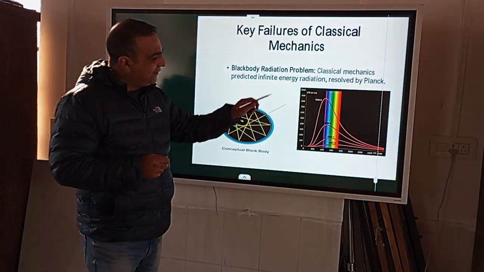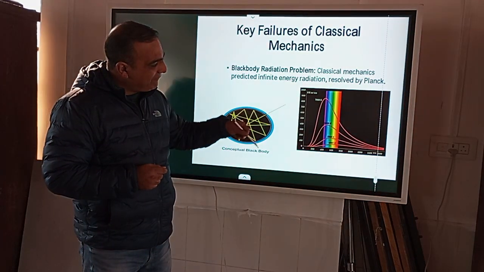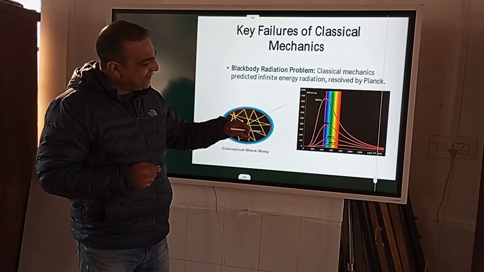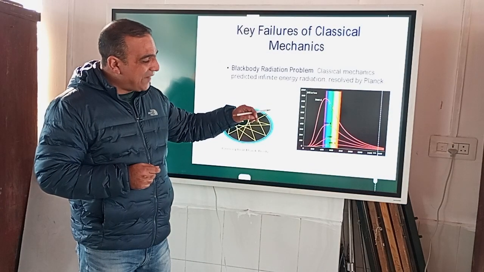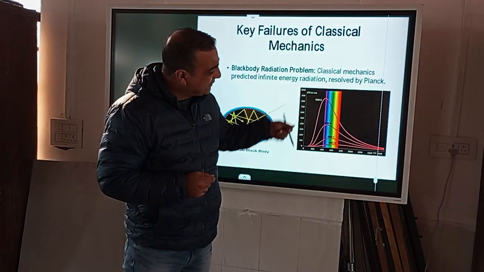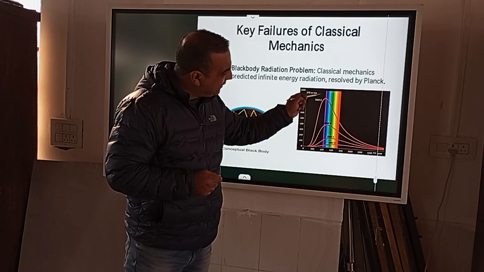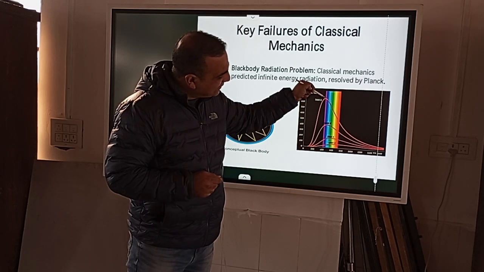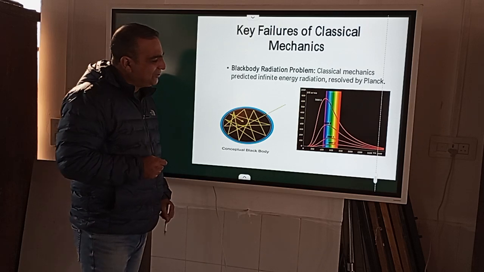And the photograph that you can see here is telling us how, experimentally, a black body which is close to an ideal black body behaves. We can see that there is a variation, and there is a decrease in energy.